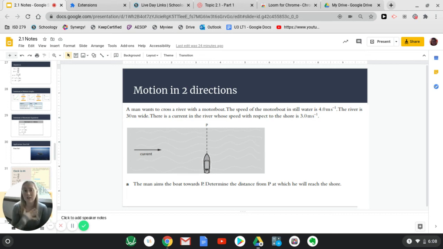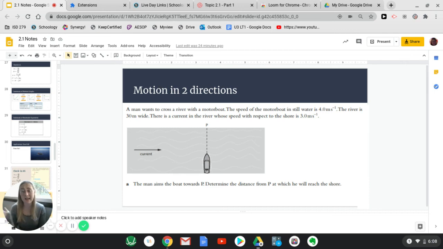So if he could go forward at 4 meters per second and he needs to go 30 meters, you just need to use the distance and the velocity to figure out how long it's going to take him. And we have a super easy equation for that. If it's a constant velocity, delta S over delta T is V. So you just take the 4 and the distance of 30, and you figure out that it takes him about 7.5 seconds.